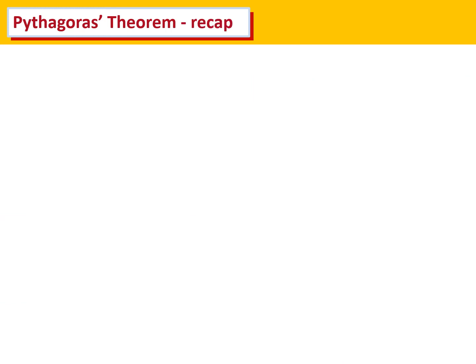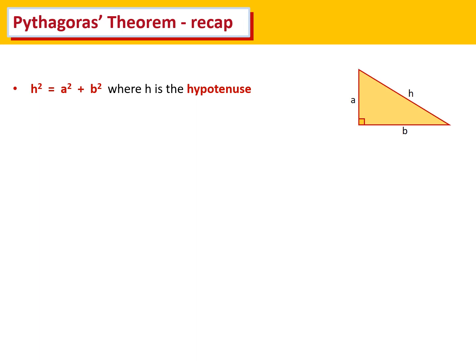And let's put all this together in a recap. h squared equals a squared plus b squared is Pythagoras' theorem, where h is the hypotenuse. And in a right-angled triangle, which is what we are talking about, the hypotenuse is the longest side, opposite the right angle.